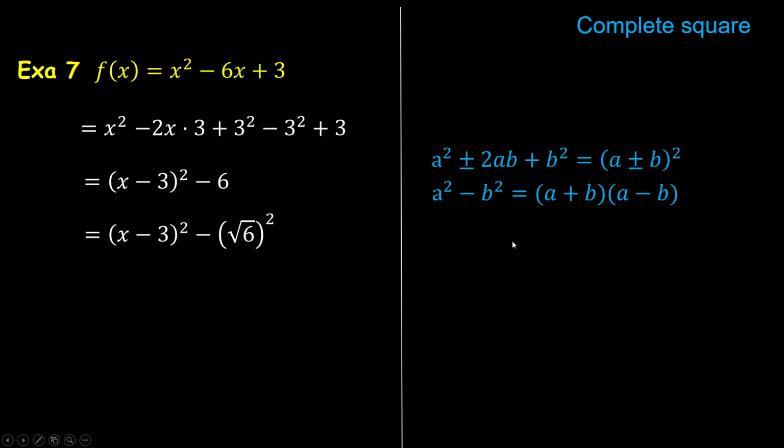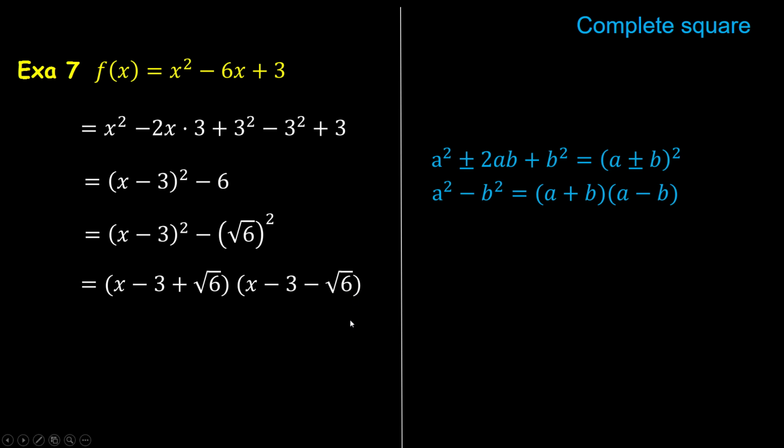Now by the formula, it's (a plus b)(a minus b). This works all the time. When does it not work? Well, when you have a plus, for example, if I change the problem so that this becomes a plus 6, then you cannot apply the formula, and in fact that cannot be factorized.